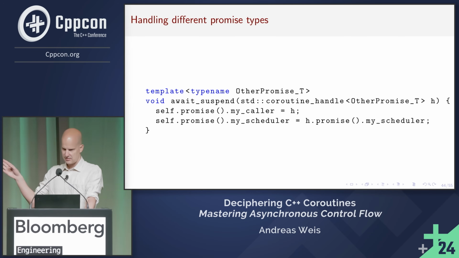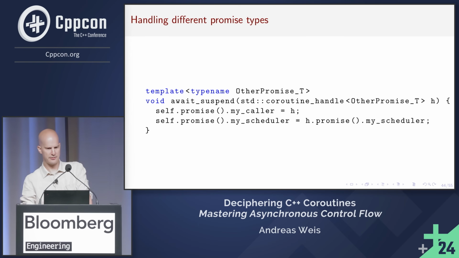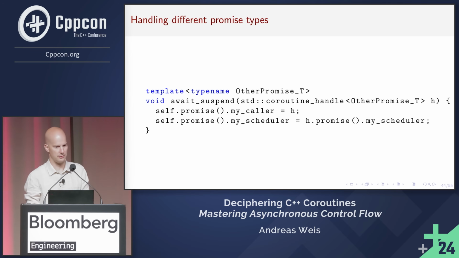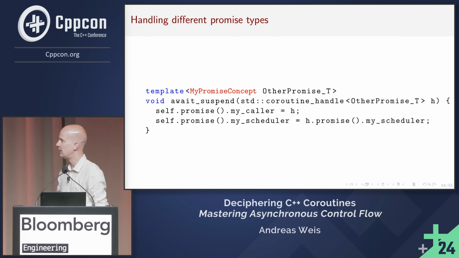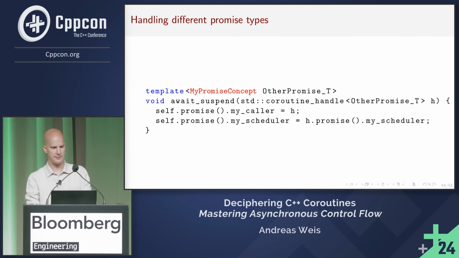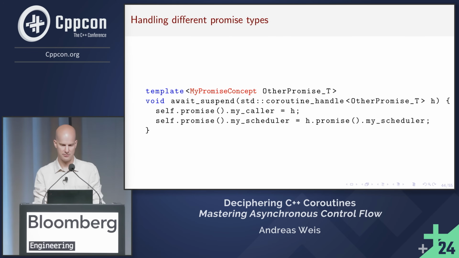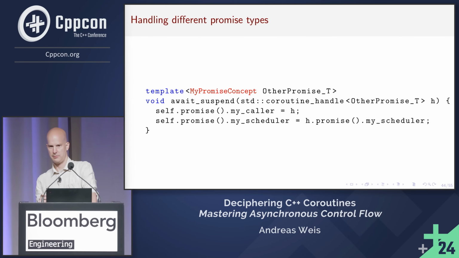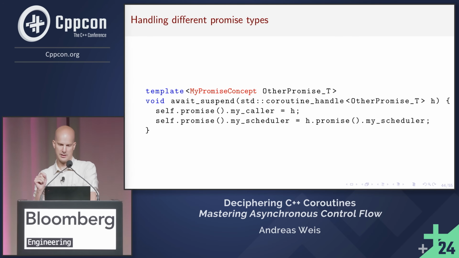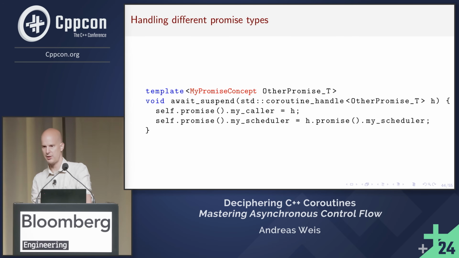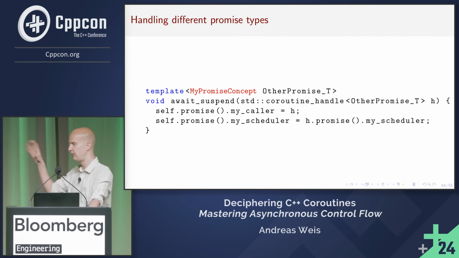But this is a bit too general, right? Because this cannot just be any promise. This has to be a promise that has this field that stores the scheduler, because otherwise it doesn't work. So really this is a special kind of promise. There are certain rules that it has to follow. And this is an interesting thing that happens in asynchronous computation, because we now have a design space here. We cannot fully erase the type.